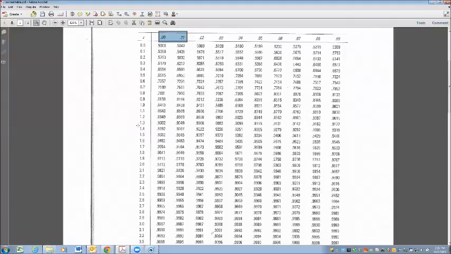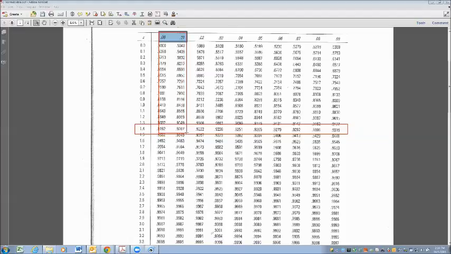So we're going to use the 1.4 row and we're going to take halfway between 0.00 and 0.01.